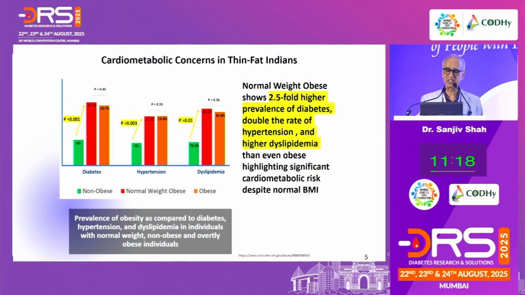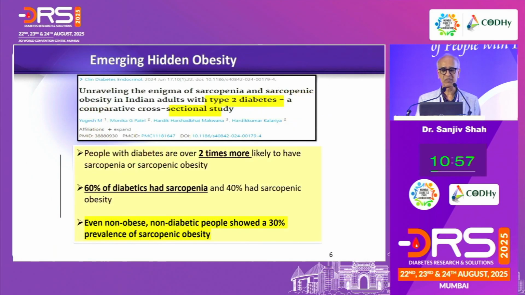If you look at this particular finding, there is a 2.5-fold increase in diabetes, hypertension, and dyslipidemia simply with normal weight obesity. Again, I don't like this word obesity, but adiposity, and you can see that risk factor presence is similar to obesity. This is another paper from India, which looks at 62% of diabetics having sarcopenia.